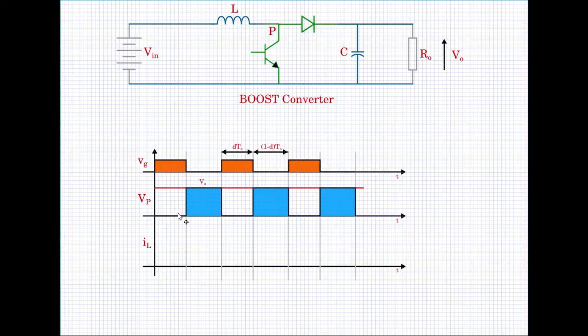So during the time DTs, the transistor is conducting and the diode is off. What should be the diode's withstanding capability? This point is connected to 0, this is 0, and this is V0. So the entire V0 value comes as reverse voltage across the diode, and the peak inverse voltage for the diode should be V0.